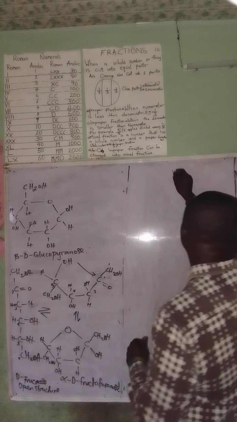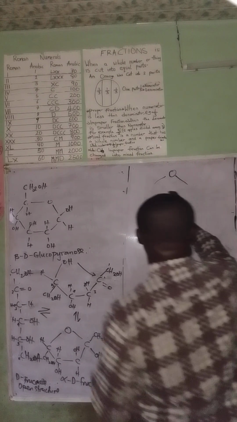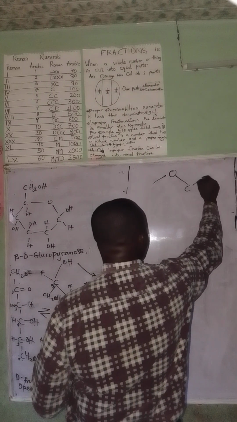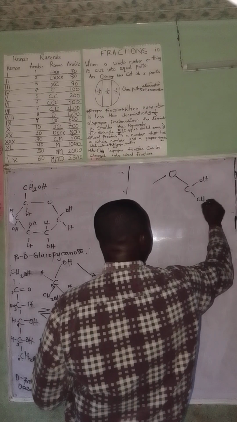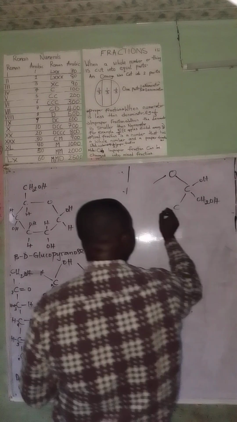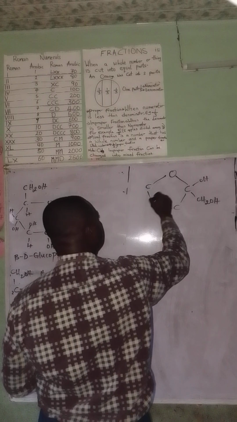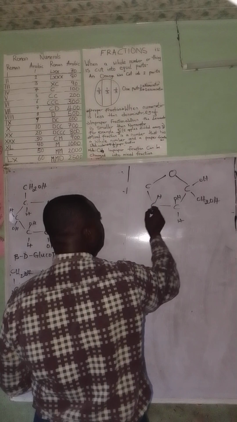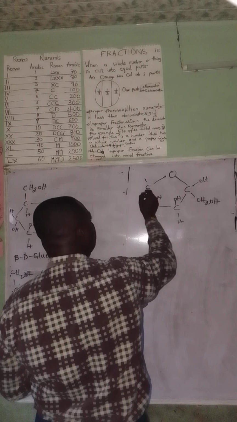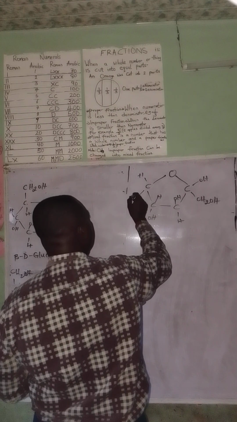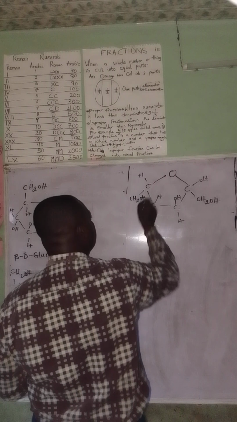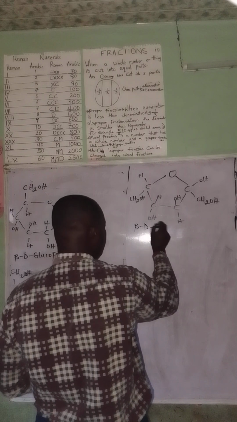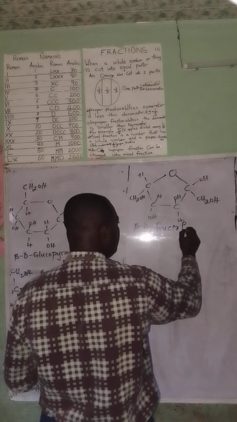The beta form now, we have O, C. Now, here you have OH up, CH2OH down, then you have this, you have OH inside, H here, you have H here, OH outside, you have H here, and you have CH2OH here. Then this one is a beta D fructofuranose.